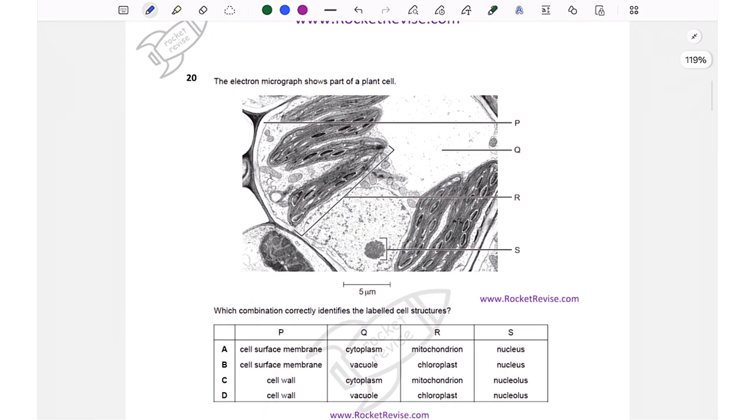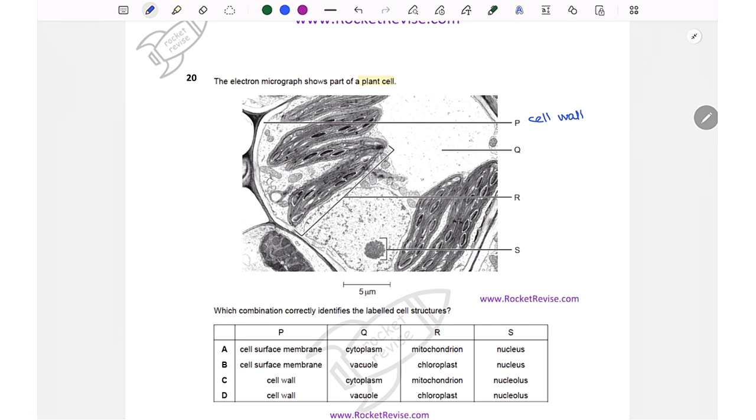Next question, it says the electron micrograph shows part of a plant cell. So let's identify what these are. P is cell wall. Common mistake is to label this as cell membrane, but it's way past the cell membrane. So this is cell wall, and it's a plant cell, so we know it's gonna have a cell wall.